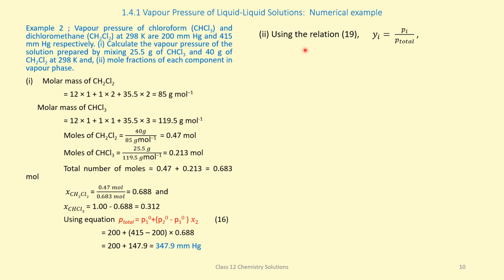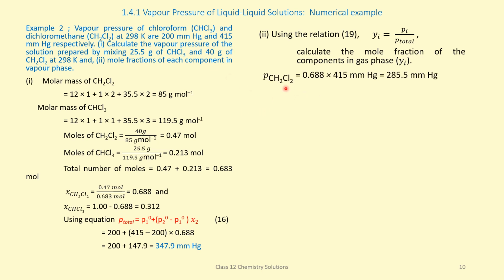Using equation 19 in the previous sheet, that is, Pi is equal to Yi into P total, rearranging, we get Yi is equal to Pi divided by P total. So we have to calculate the mole fraction of the component in gas phase, Yi.